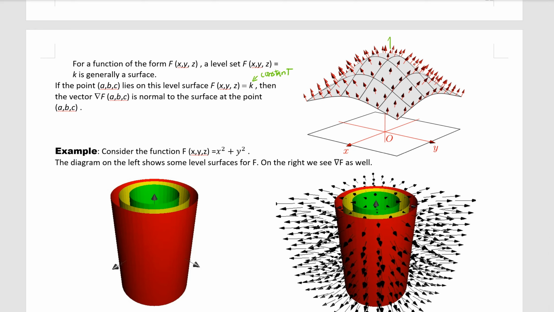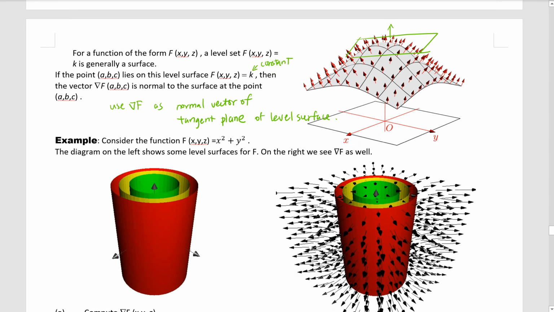So that's why we can use the gradient vector as the normal vector of the tangent plane. Okay, so we can use the gradient as the normal vector of the tangent plane of the level surface.